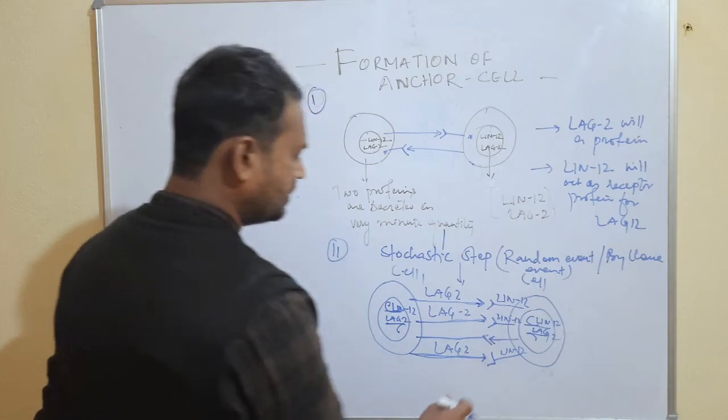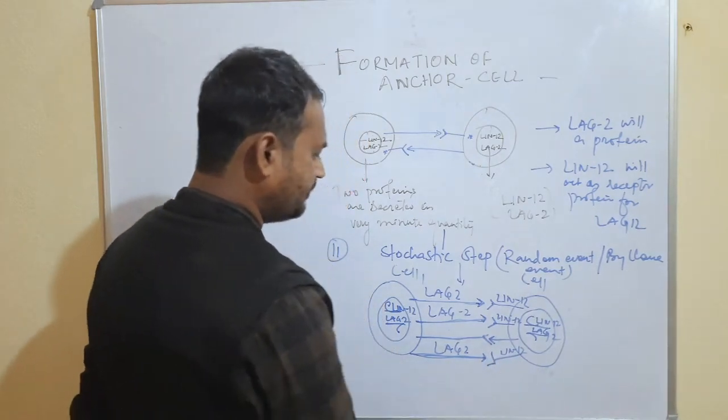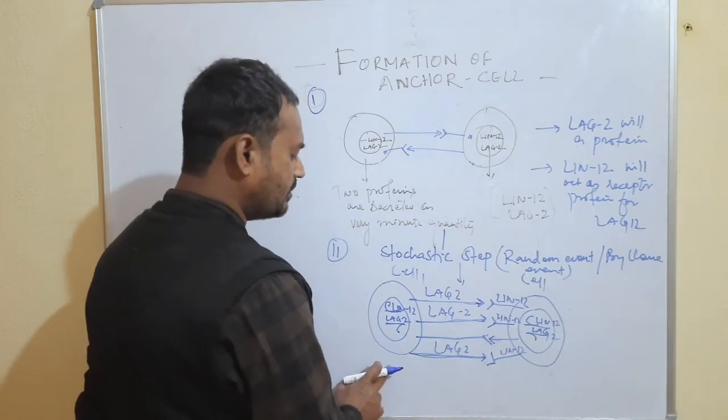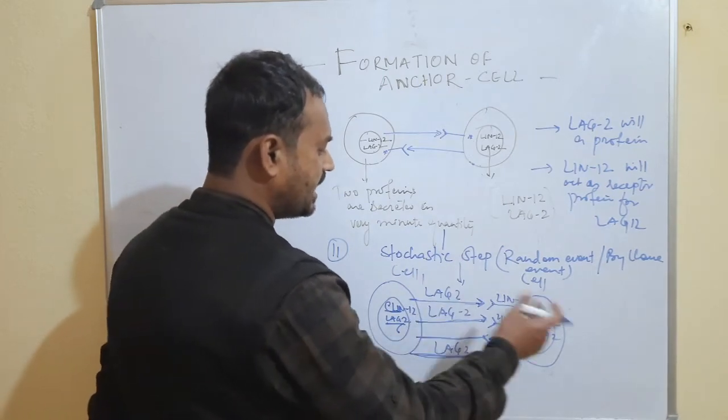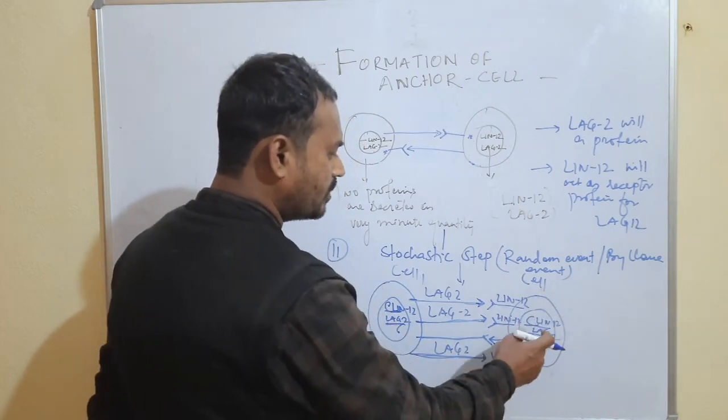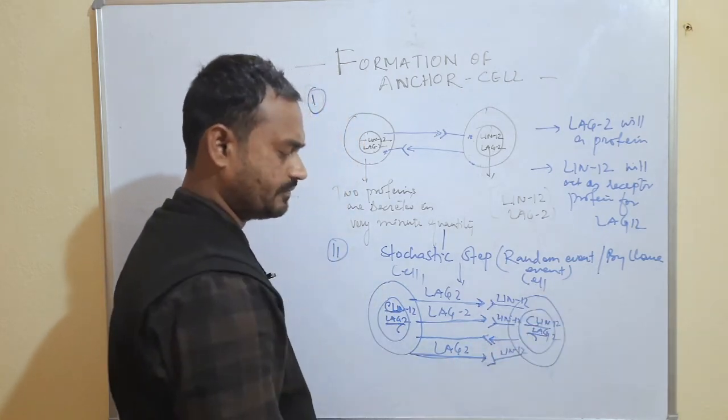With this figure you can easily understand that this cell is producing more lag-2, and this cell is producing more lin-12 protein.